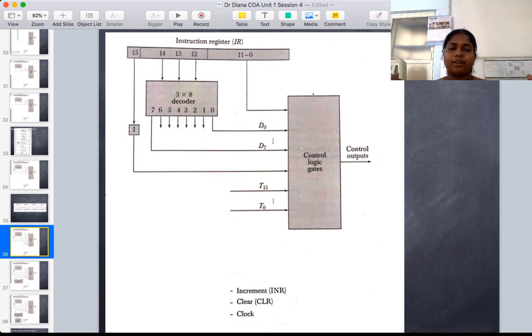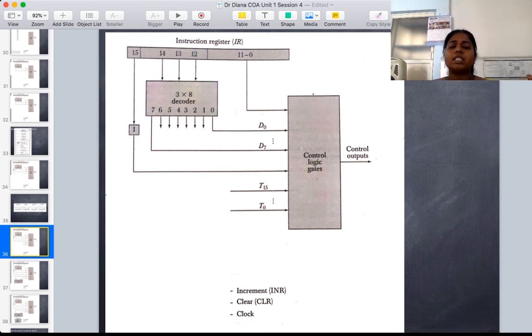One is loading of the address register, the second is releasing of data from memory, and the third is reading of that data into the accumulator. These 3 operations are called micro operations. For every instruction, you can convert it into multiple micro operations and perform them on different time cycles, T0 to T15, so you have a maximum of 16 time cycles.